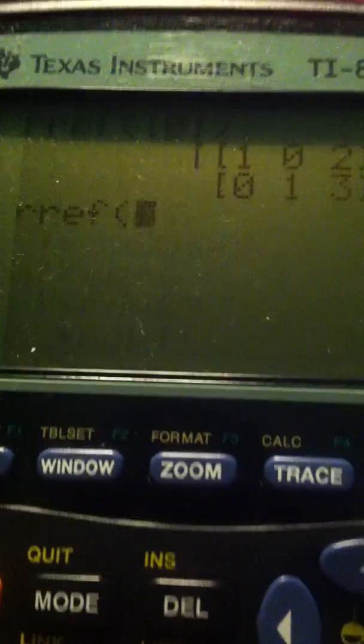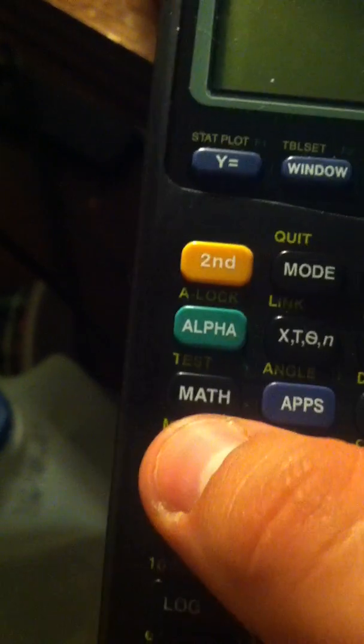I'm going to hit second, quit, second, matrix, find the RREF, enter, second, matrix.